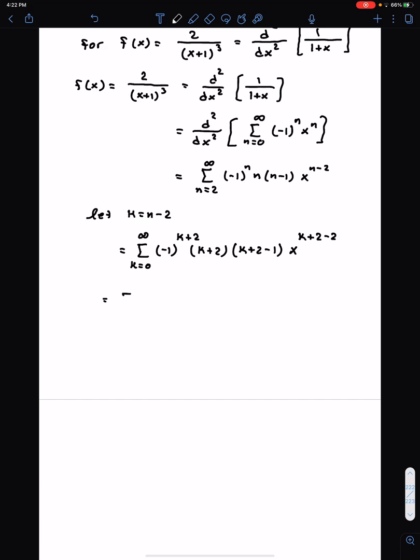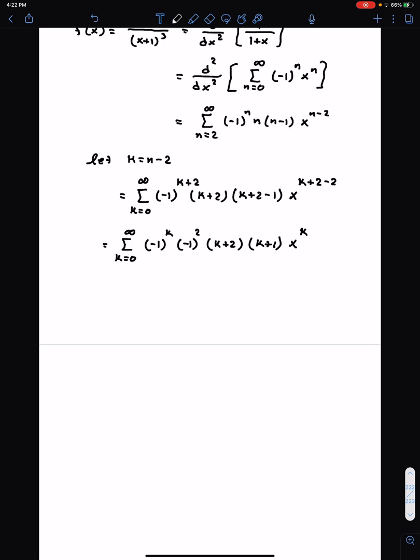And then I can simplify this sum as k goes from 0 to infinity, negative 1 to the k, negative 1 squared, k plus 2, k plus 1, x to the k.